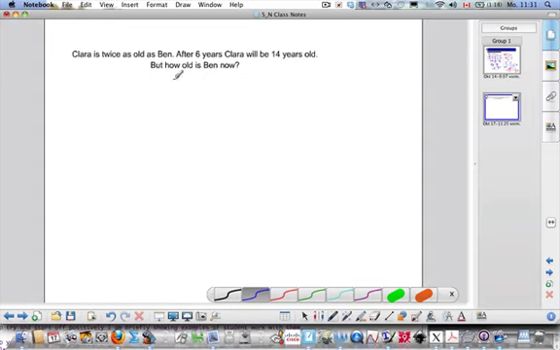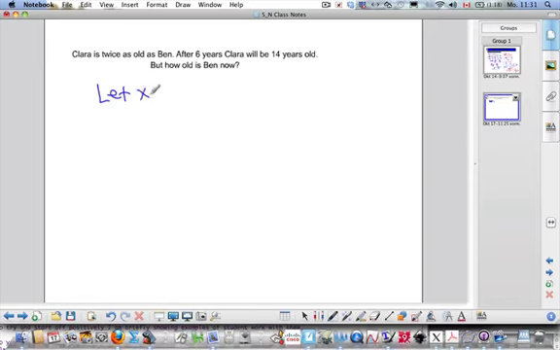Okay, when you have these word problems, the first step is define what X is. Let X be, okay, so Clara is twice as old as Ben. So I'm going to make Ben X, because if Clara is twice as old, then we already know that the expression for Clara is going to be 2x.